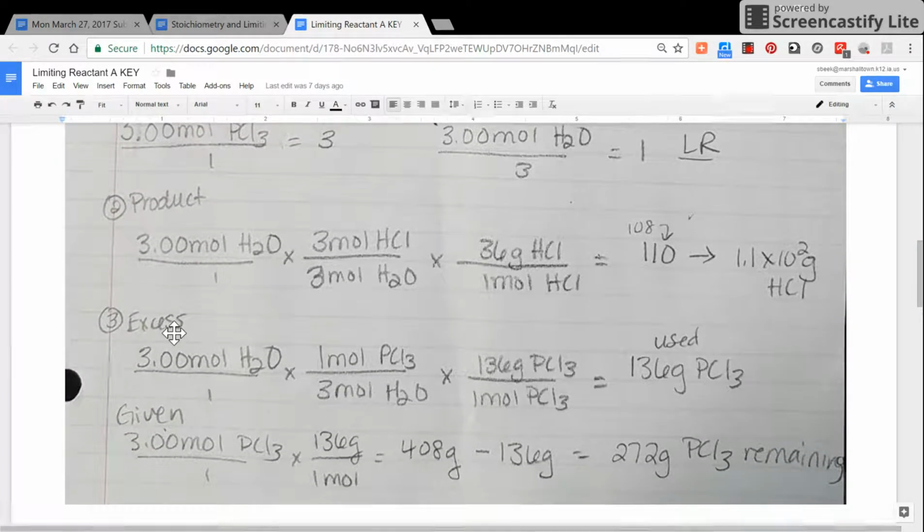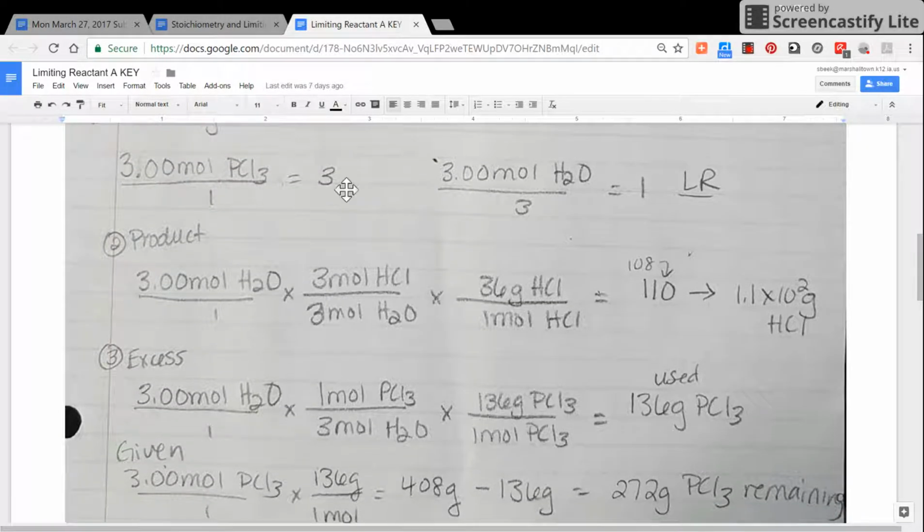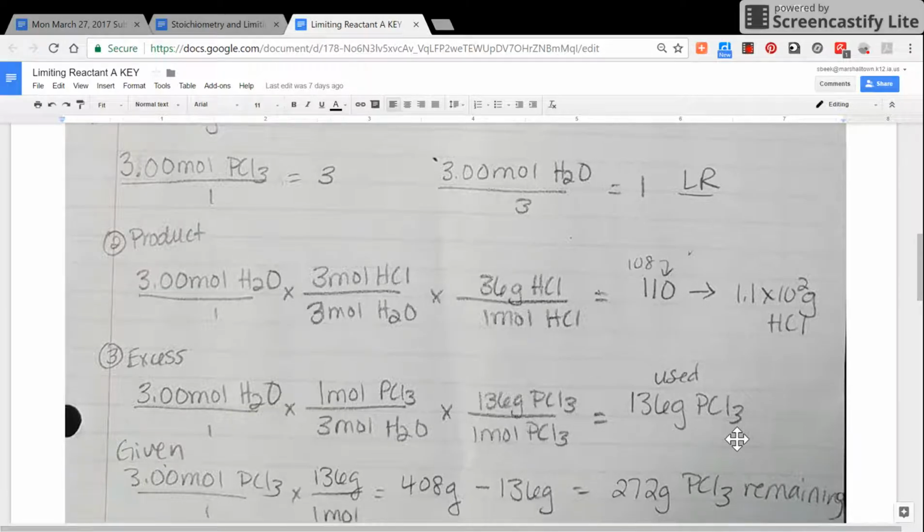Step 3, I'm going to figure out how much of H2O I have left over. Remember, that was my excess. No, just kidding. I'm going to figure out how much of PCl3 I have left over because that's my excess. But I still start with the moles of my limiting reactant. Convert it into PCl3. So I use 136 grams of PCl3.